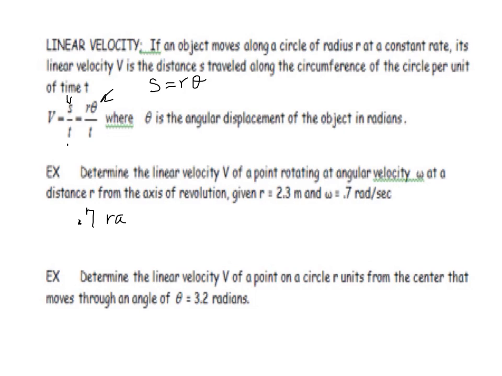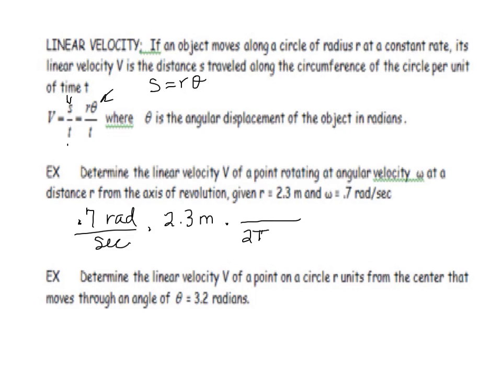All right, so that's where we're going to begin, with the angular velocity at 0.7 radians per second. Okay, and I'm going to multiply that by the radius, which is 2.3 meters. Okay, and then I need to have linear velocity, so I'm going to get rid of the radians. To do that, I'm going to set up a proportion here.